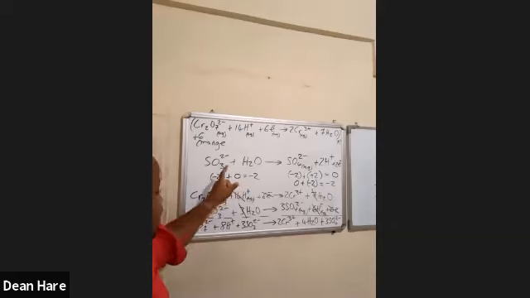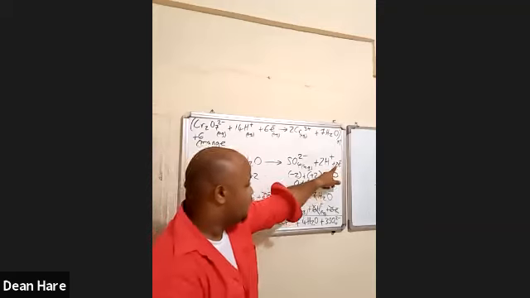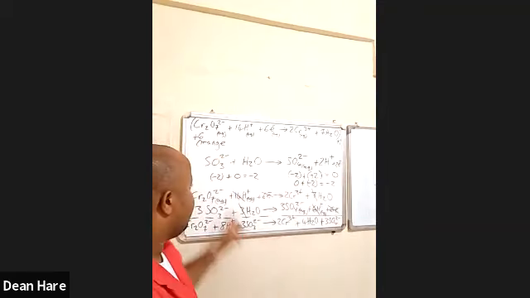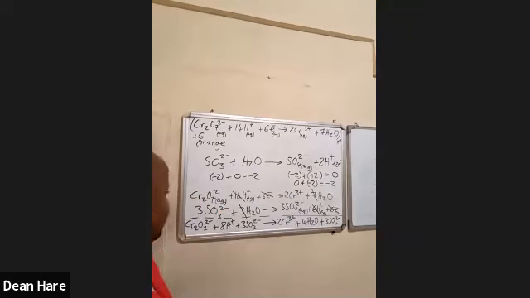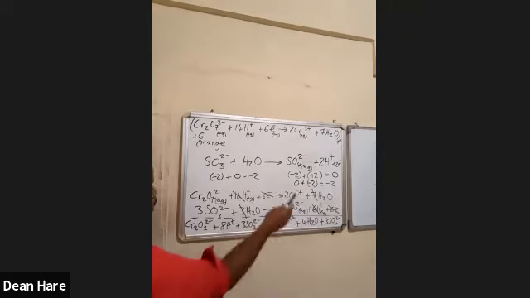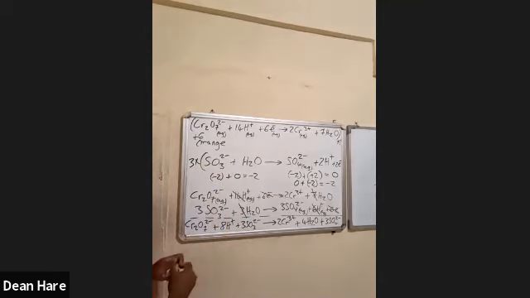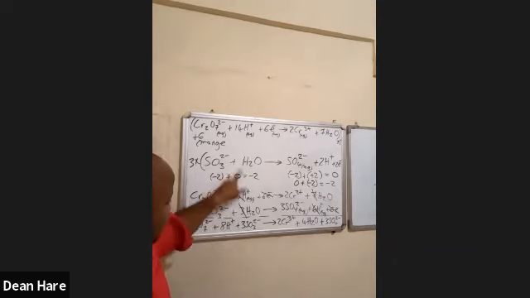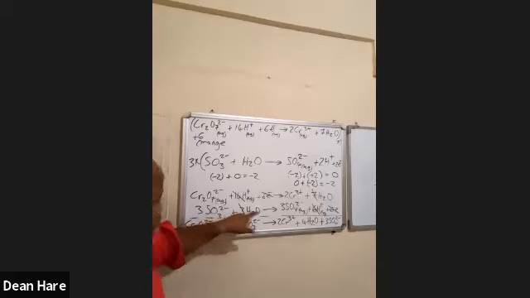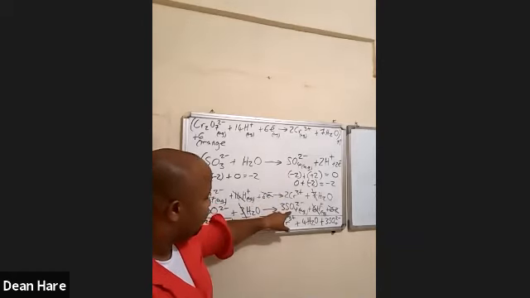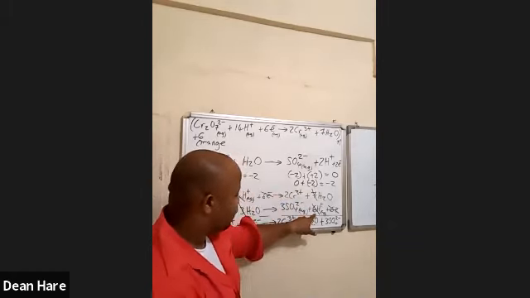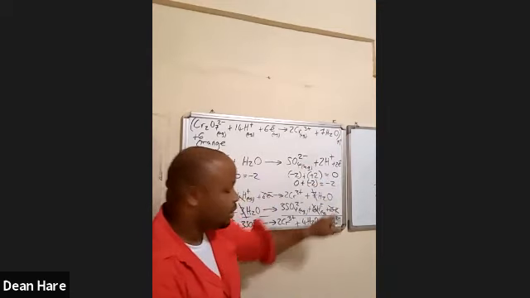So if you multiply this equation by 3, you are not just multiplying the electrons, you are multiplying every species in the equation. So that is why we end up with 3 sulfide plus 3 water to give you 3 sulfate plus 6 hydrogen and 6 electrons.